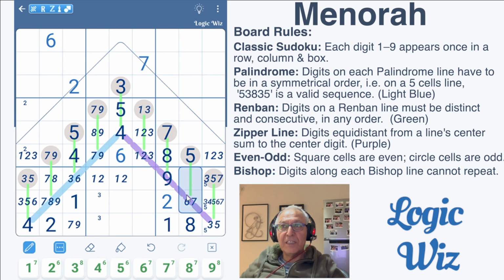But if 4 is here, and 6, 7 can no longer be here, and we don't have a room for 7 here. So this one must be 6 and 7. And this one can no longer be 6 and 7.